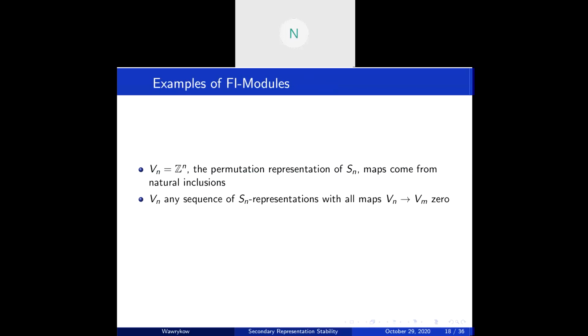Another slightly more complicated FI-module is where you take some sequence of S_n representations and all the maps are 0. If we act on V_n by S_n and include it, it's going to be 0. Similarly, if we include V_n into V_m, that's going to be 0, so S_n acting on that will be 0.